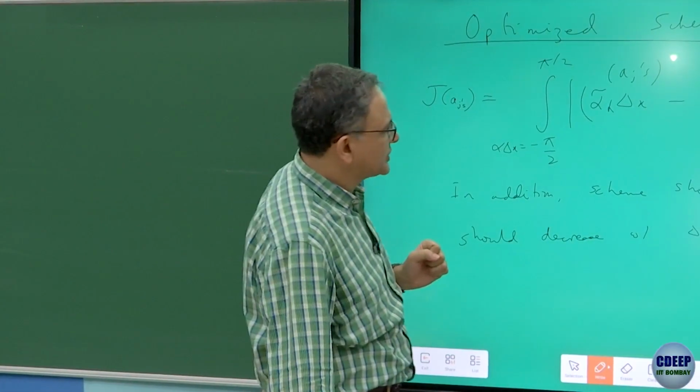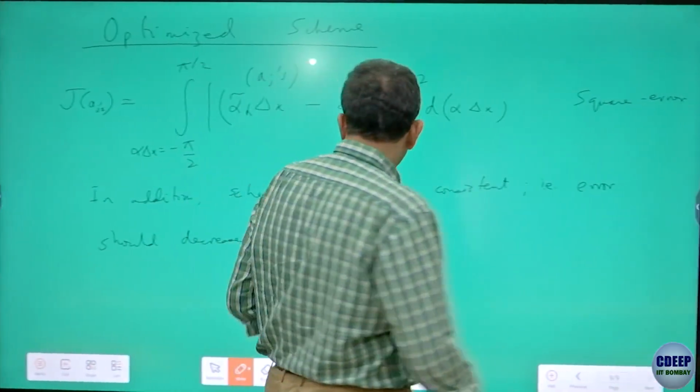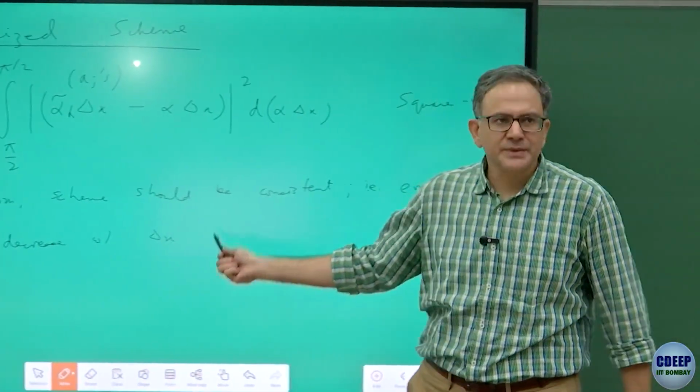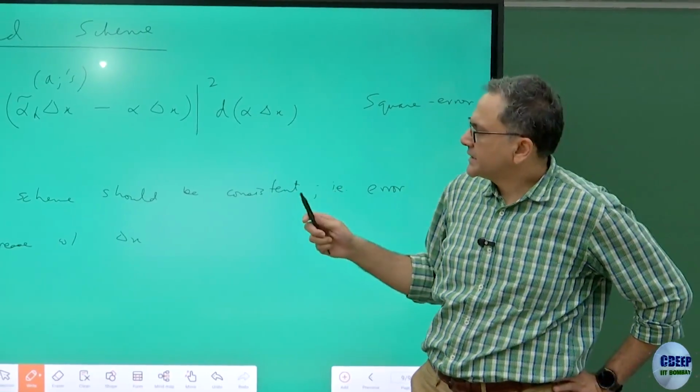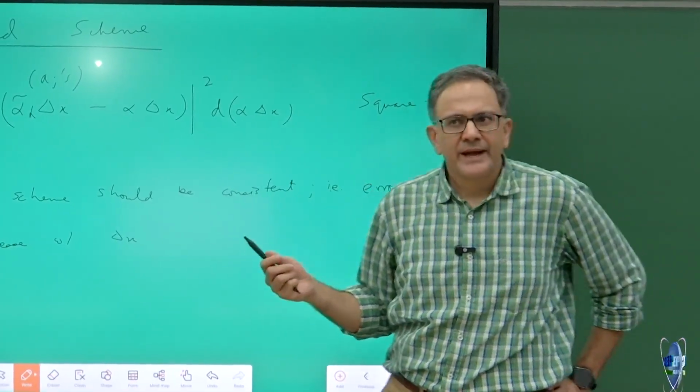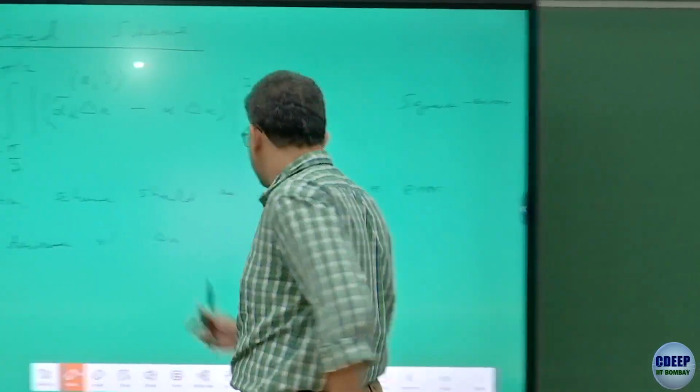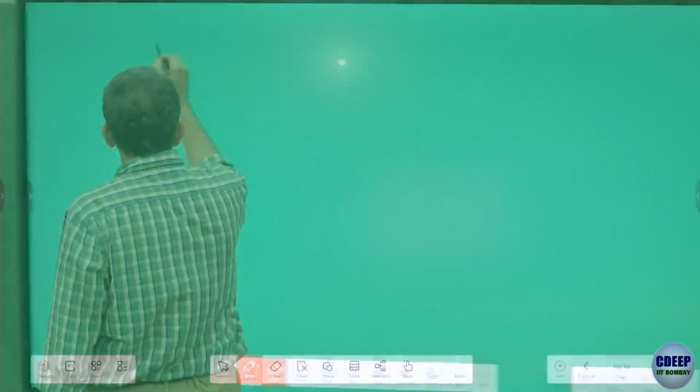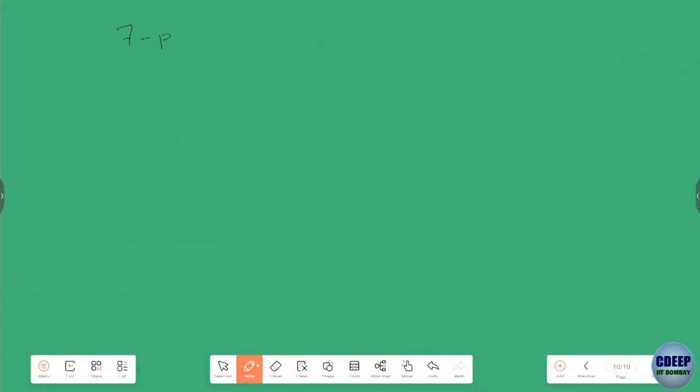numerical schemes that we have looked at till now, the second order accurate has got delta x to the power 2 in the error. The fourth order is delta x to the power 4. And the 7-point stencil, which is what we are going to look at for example, with full Taylor accuracy implies order delta x to the power 6.